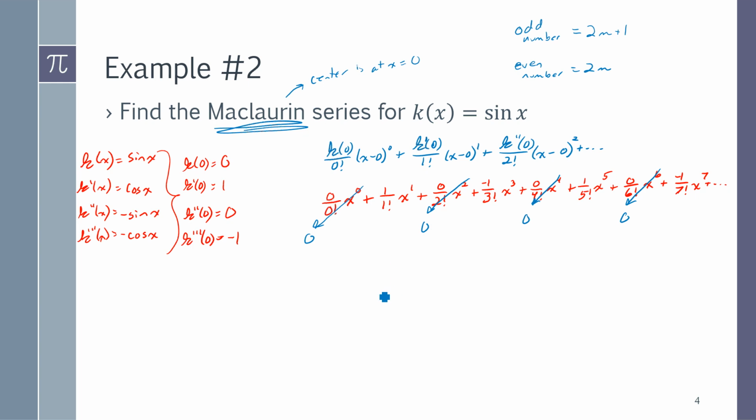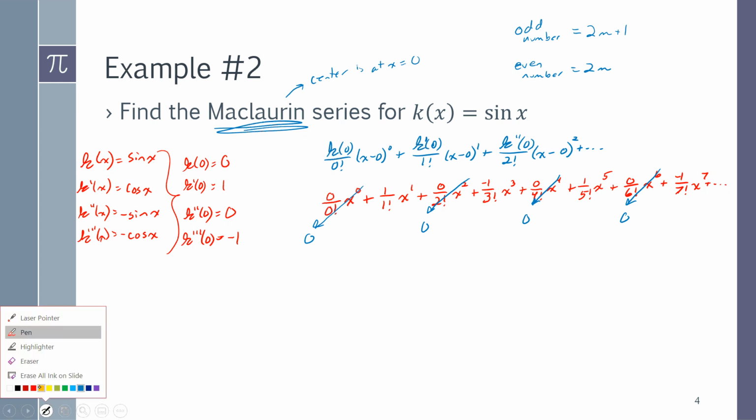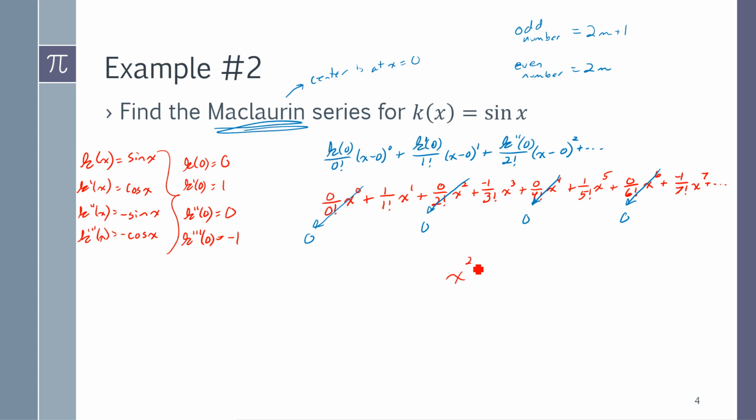So for my general term, I know I'm going to need x to the 2n plus 1. And then I notice that the factorial in the denominator is always the same as the exponent. So that's going to be 2n plus 1 factorial. But then I'm noticing that the 1, sometimes it's a positive 1, sometimes it's a negative 1. It's alternating.